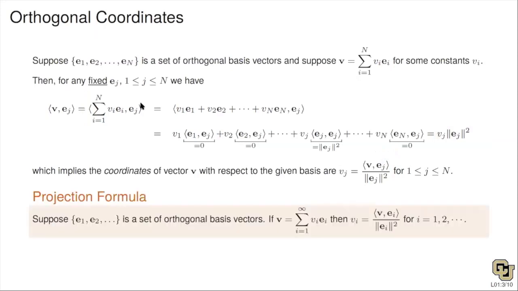This is called the projection formula. We can extend this to a countably infinite basis, and this is the formula we're using for Fourier series. Essentially, we can play the Fourier series game with any orthogonal basis. The Fourier series in particular has some really nice properties that we'll talk about.